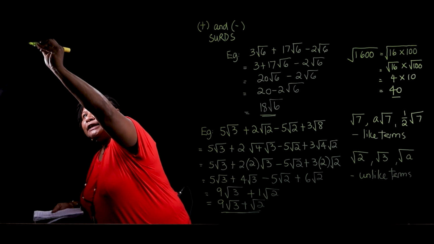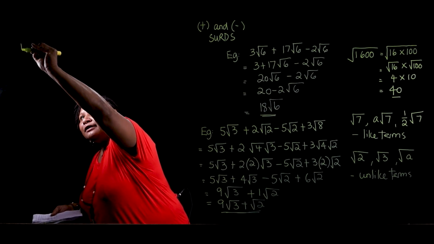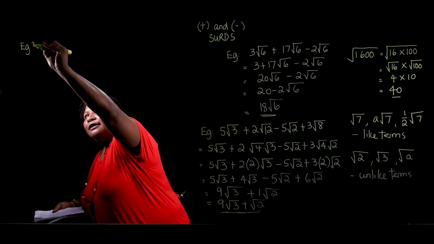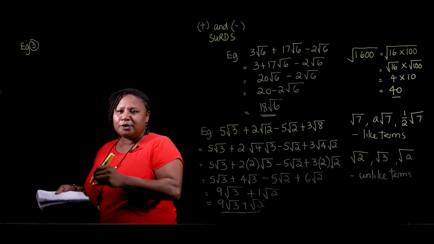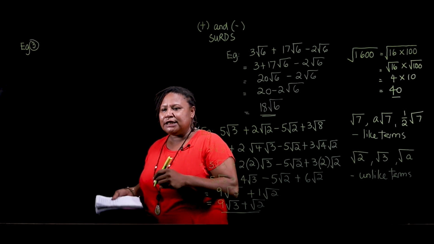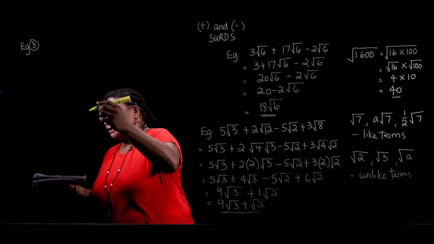So let's look at example number 3. Okay. And this time we're going to use algebra with the radicals here. And let's see how we're going to work this out.